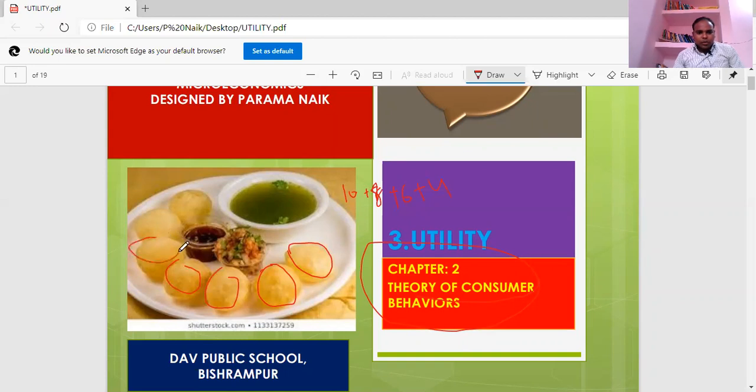If you are taking the fifth, then you are getting 2 utils, and if you are taking the sixth, then you are getting 0, and if you take the seventh, it means -2.